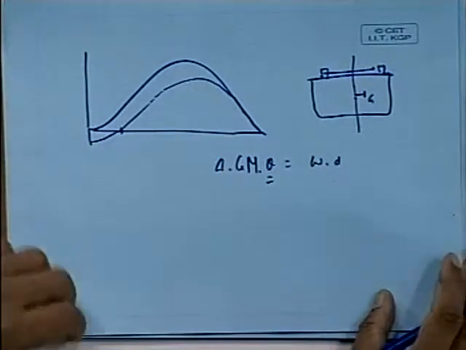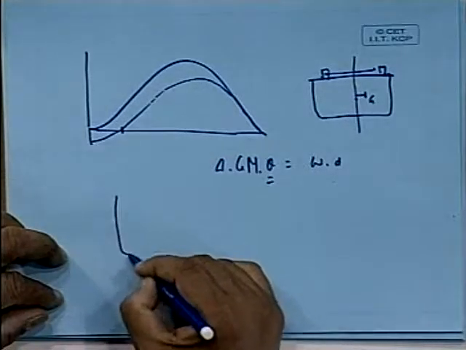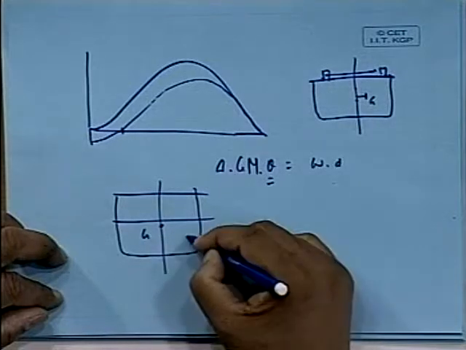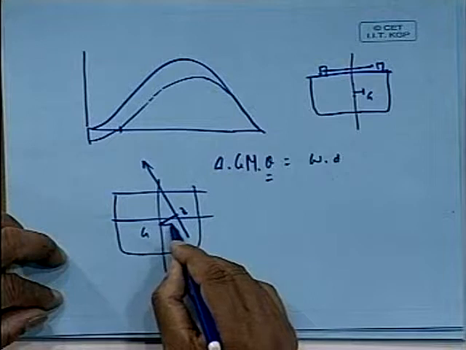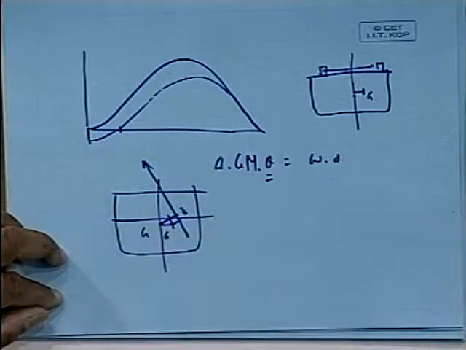Now we can see from the other way around, on this particular graph, what would happen is that initially, from the diagram, my G was here and B was here, and this was my GZ. Now my G has shifted this much, so my GZ has been reduced by this amount. How much?